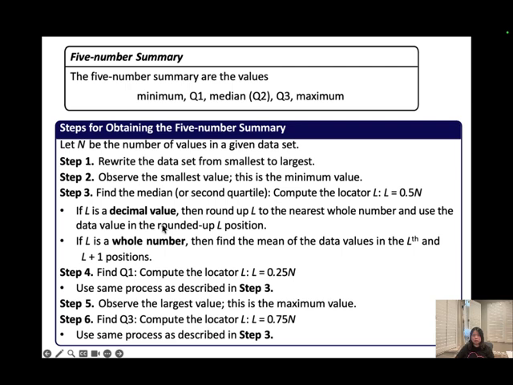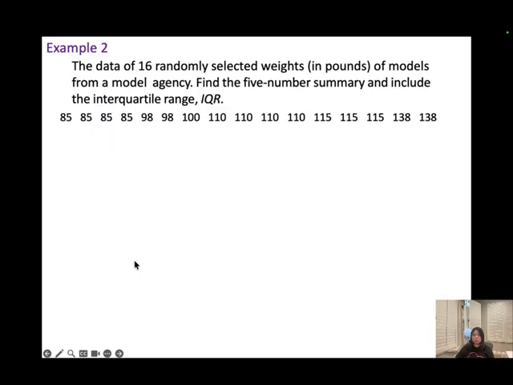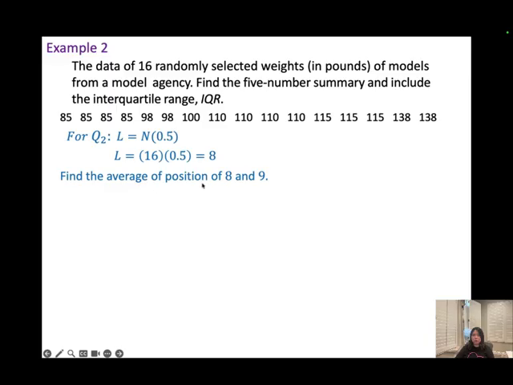After you find your L equal to a whole number, and 8 is a whole number, what are you gonna do? You're gonna find the mean of the data values in the L and the L plus 1 position. So we have L equal to 8, a whole number, which means we want to find the average of positions 8 and 9.